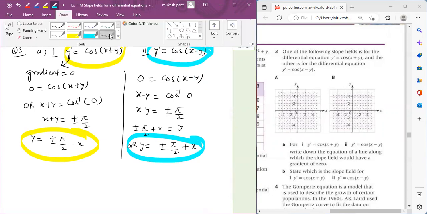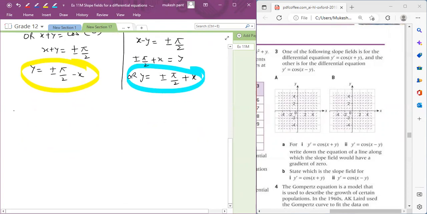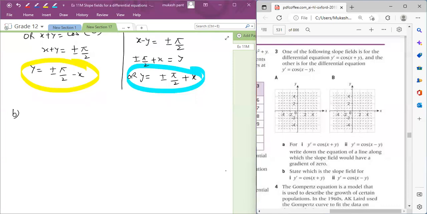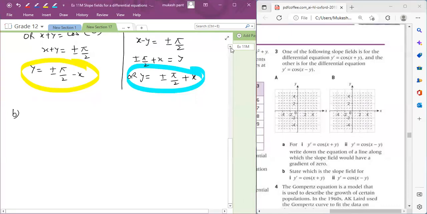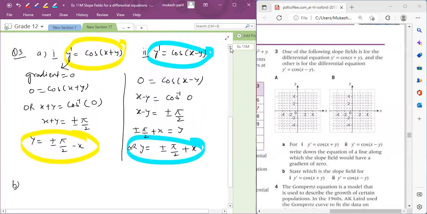Okay, now if we look at part B, which states the slope field. In part B we have to find the slope field. So instead of drawing a slope field, I would suggest, since we are allowed to use a calculator, I will use the calculator to check, because I have to determine the slope field for a particular equation.